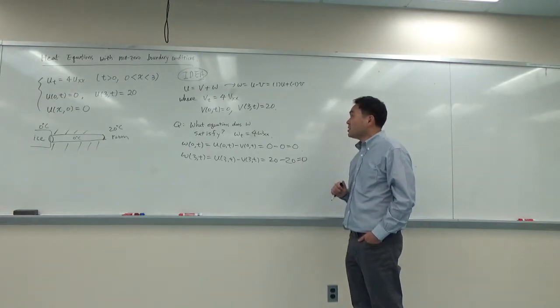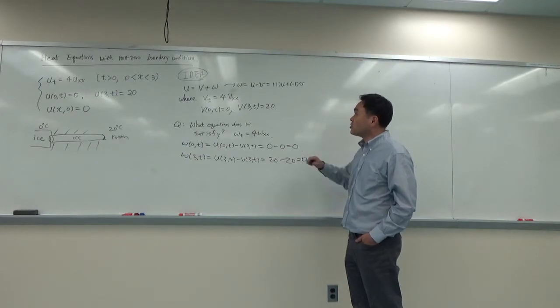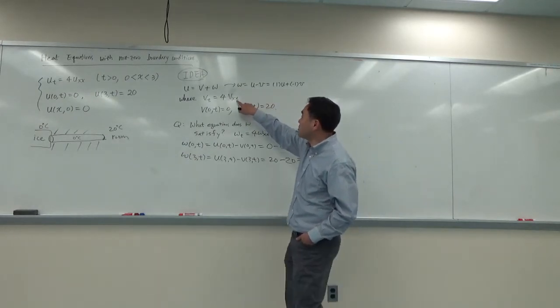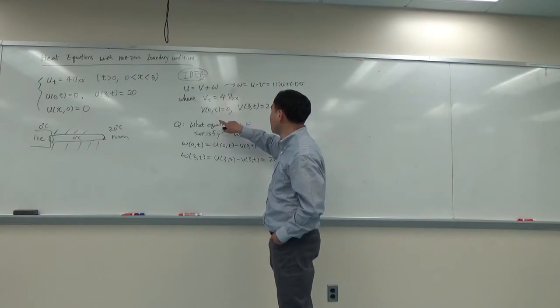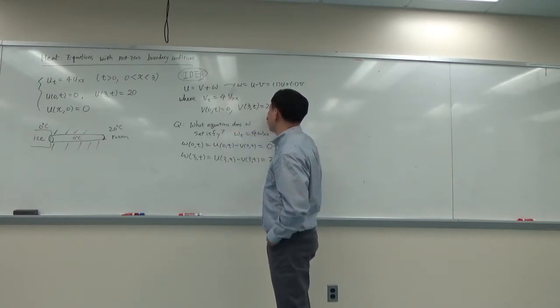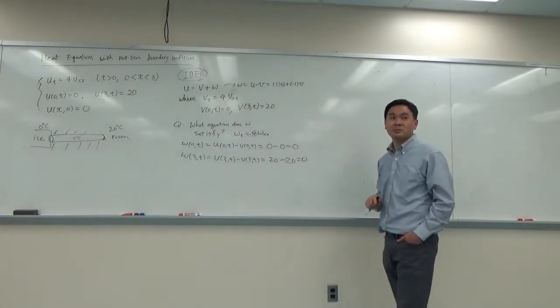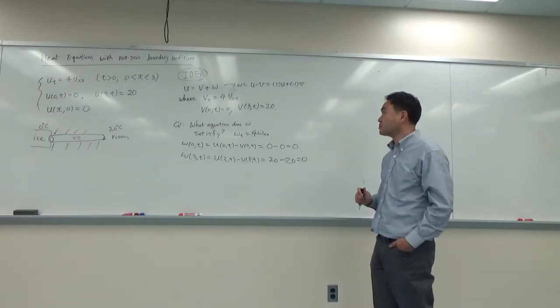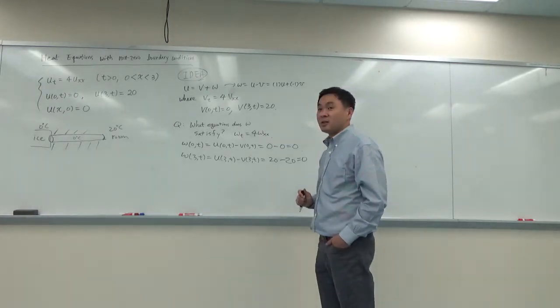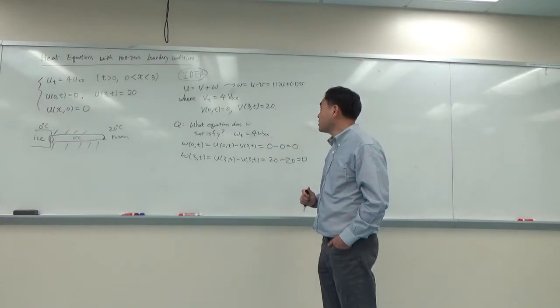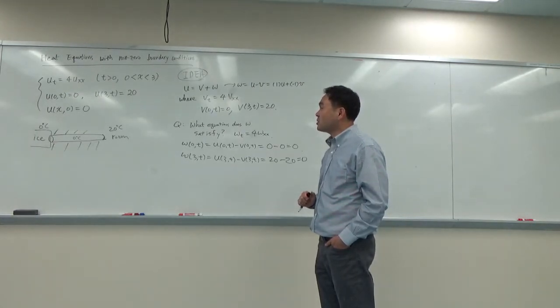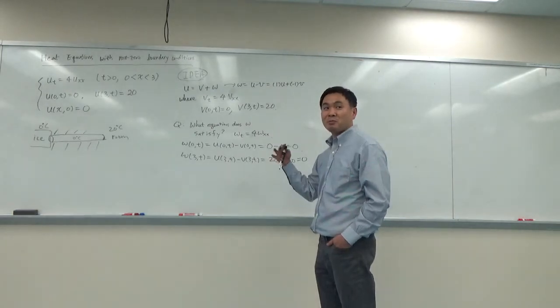And another great thing is that we didn't require much for V. We just need to find something that would satisfy the heat equation, and it would satisfy this and this. Okay? And we now operate on the same principle that we have been operating on so far.